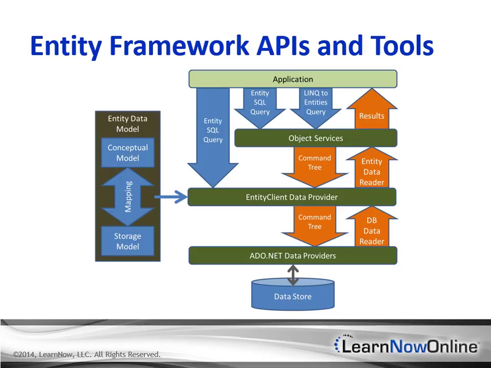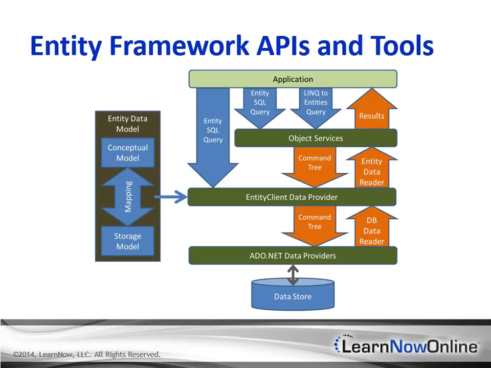As you can see in the vertical arrow in the middle left of the diagram, you can use Entity SQL either to access the objects directly, or you can bypass the objects and go to the entity client data provider, which is essentially lower level access to the data.